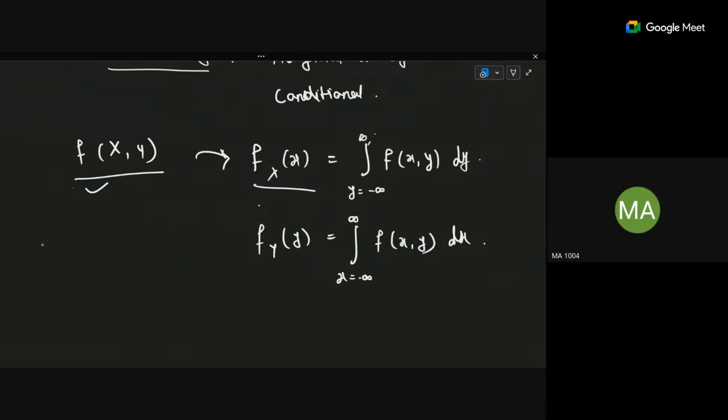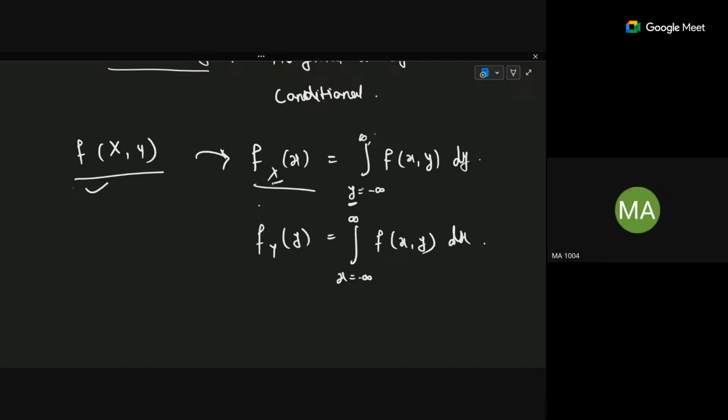Yes, ma'am. Riemann integration, if you have studied it, says that the summation over very, very small intervals is nothing but the integration. So here also we are doing that. If you want to find the marginal density of x, then integrate over everything that you don't want, that is y. Okay. Yes, the same thing.